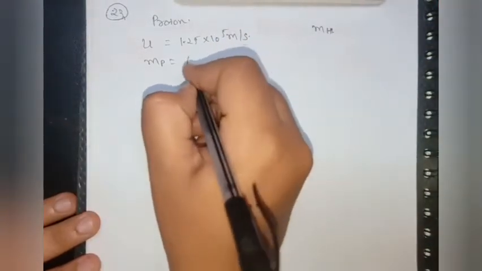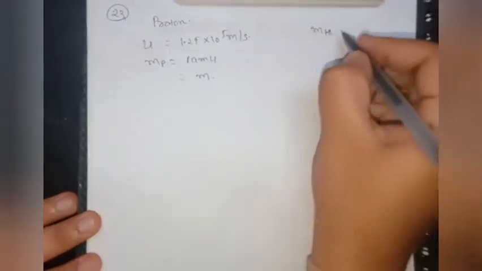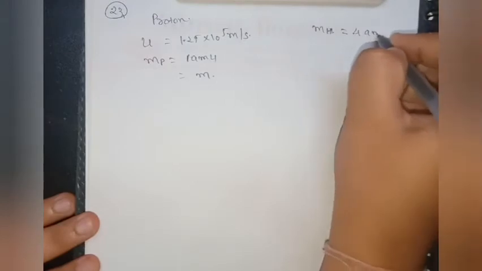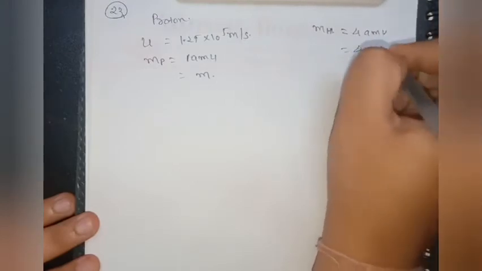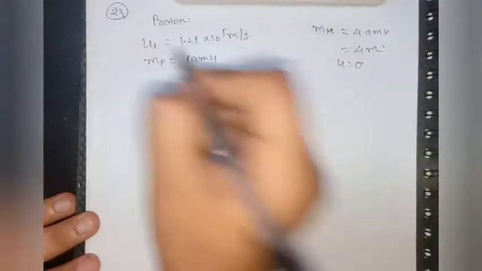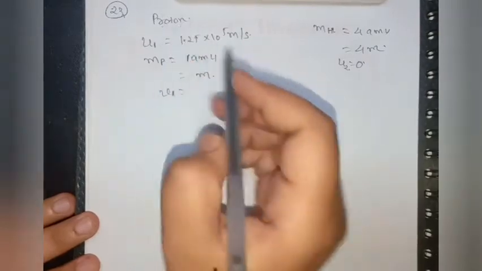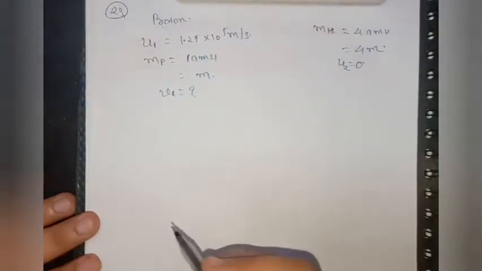Mass of proton is taken as 1 AMU, let's say that is m, and mass of helium is taken as 4 AMU, let's say that is 4m. It is initially at rest. This is u1, this is u2. We want to find the velocity of the proton after collision, that is v1.